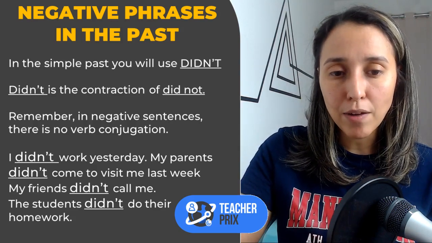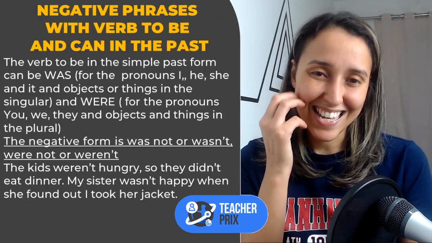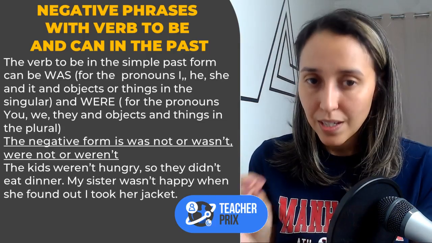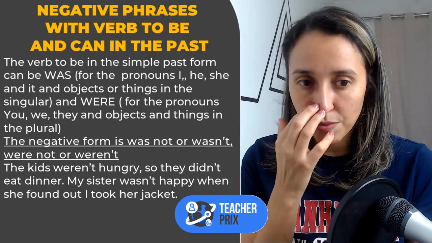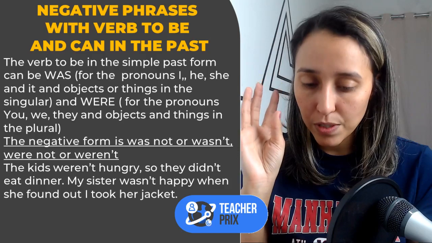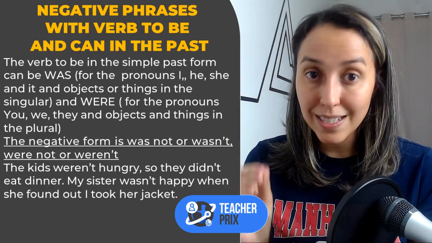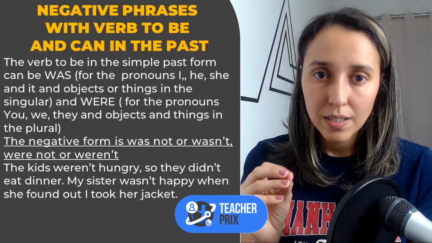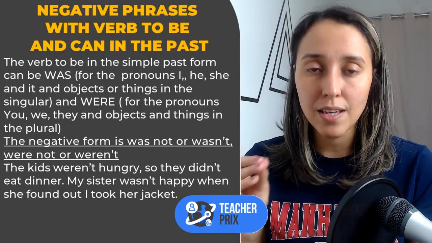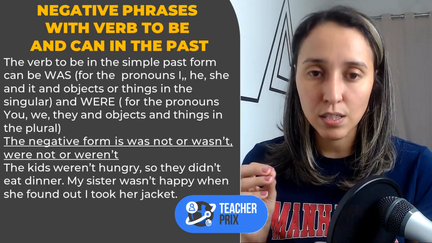Teacher Prix, how about verb to be? Haha, again, to be is special. The simple past form of verb to be is was or were. And with few exceptions, verb to be is a verb that in the past, in negative, you will continue using was and were in a negative phrase.